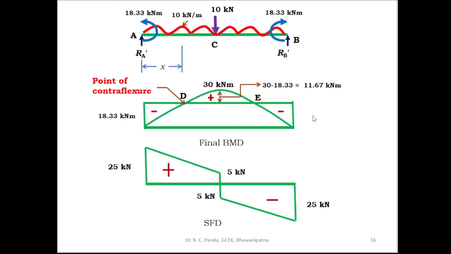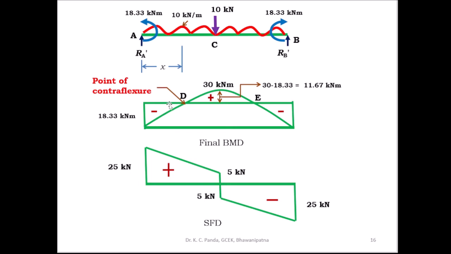So combine these two figures, the free bending moment diagram that you have to take positive and the fixed bending moment diagram that you got the negative value. So here this is the negative bending moment. You have to take the negative bending moment diagram. After combining these two, this is negative and this is positive and this is negative. This is the combined bending moment or the final bending moment diagram of the fixed beam.